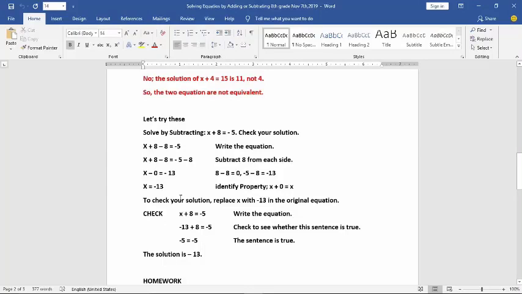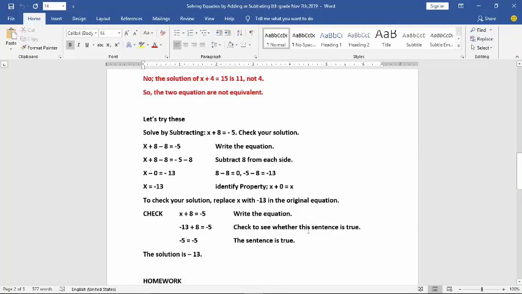To check my solution, I have to replace x with negative 13 in the original equation. This is the original equation. After I got the solution, I bring it to the original equation to check my solution. I write the equation and then I replace the value of x, which is negative 13 plus 8 equals negative 5.